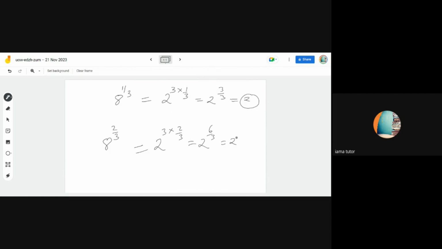That will give you 2 power 2. That will give you 4. So our answer is 4. So this was basically about all the major laws of indices. Let's take another question.